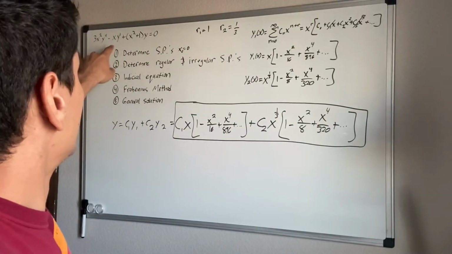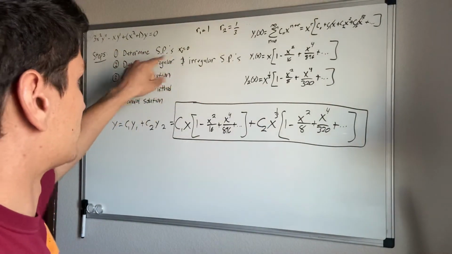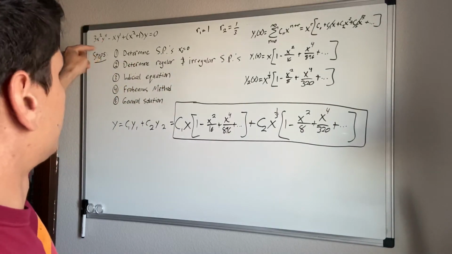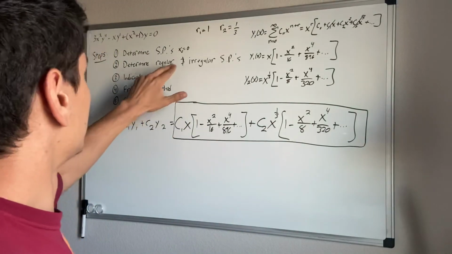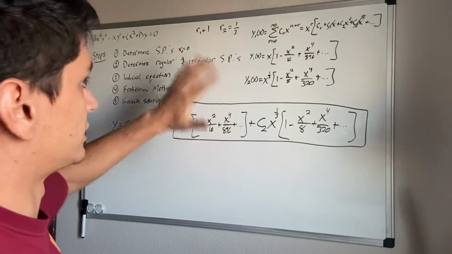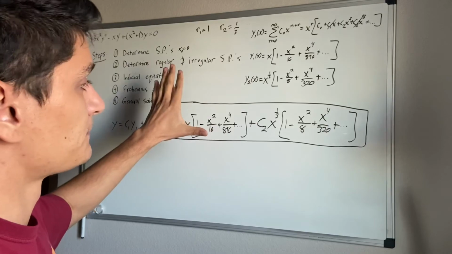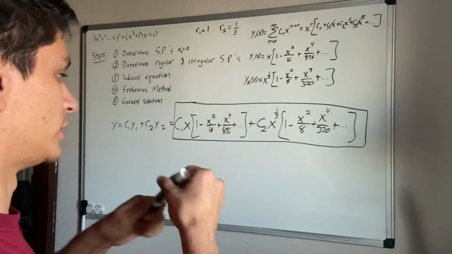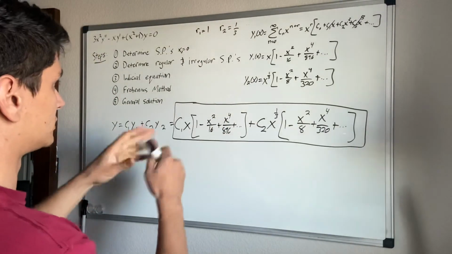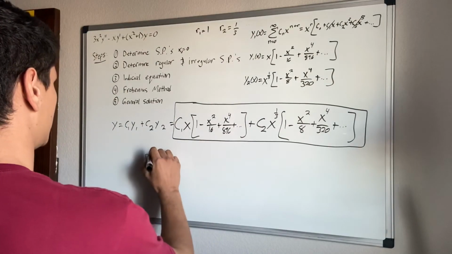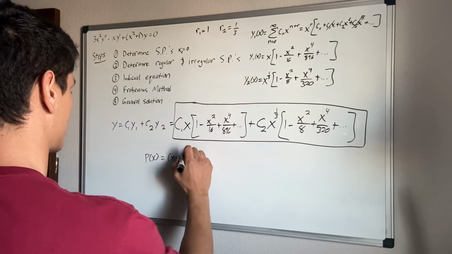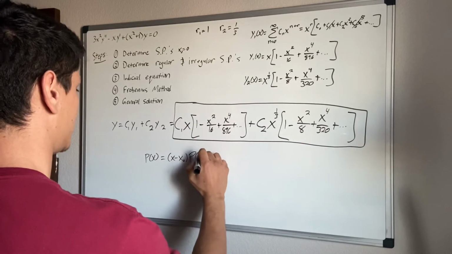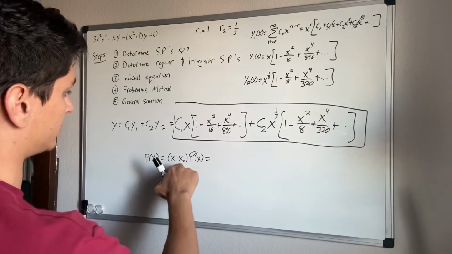If x equals 0 is not the singular point, say if 3 was the singular point, then this entire equation would be different, because instead of p of x equals x minus x naught times capital P of x, this wouldn't be 0.